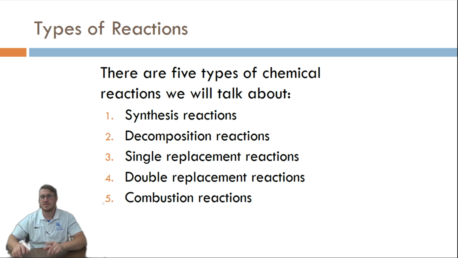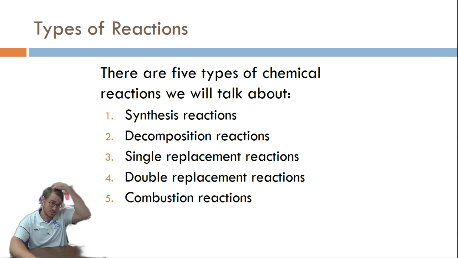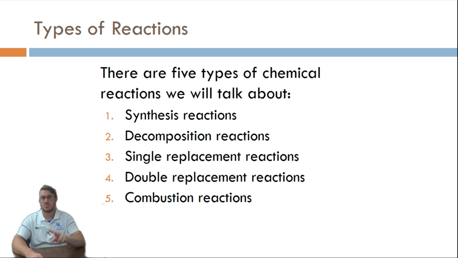We have the synthesis. A and B form an AB compound. Then we have decomposition. If you have an AB compound that decomposes into A and B, two species, not necessarily just one atom of each, but anyway, it just decomposes into at least 2 parts. Single replacement reactions is where you have a 2-part species and then a 1-part species that can either be an anion or a cation.